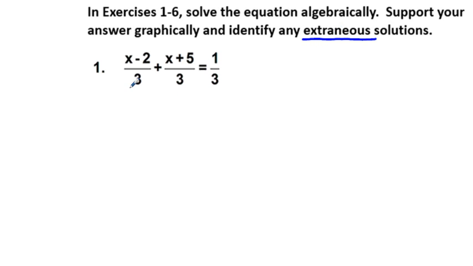Now, to solve, if you just look at this equation, you can see that everything is divided by 3, and so we know that x minus 2 plus x plus 5 has to equal 1. But just conceptually, to see what's going on, we're going to write this whole equation out, which is (x minus 2) over 3 plus (x plus 5) over 3 is equal to 1/3.